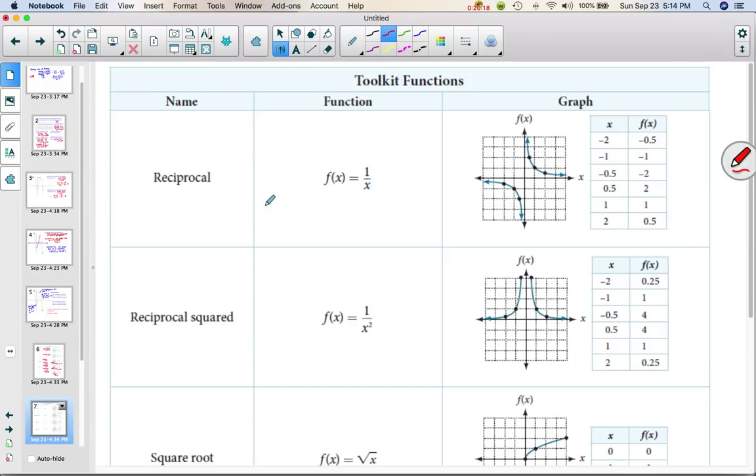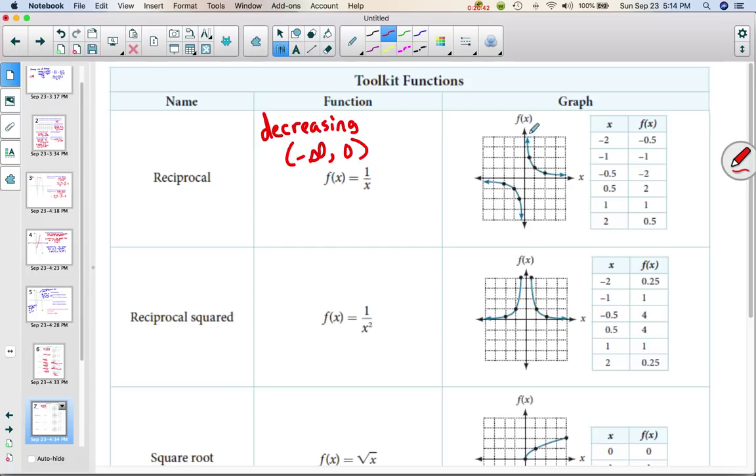Our reciprocal function, 1 over x. Now remember, if you're that little bug and as x gets larger and you're crawling along here, notice that it's falling. So it is decreasing from negative infinity to 0, okay, because we have a vertical asymptote at 0.